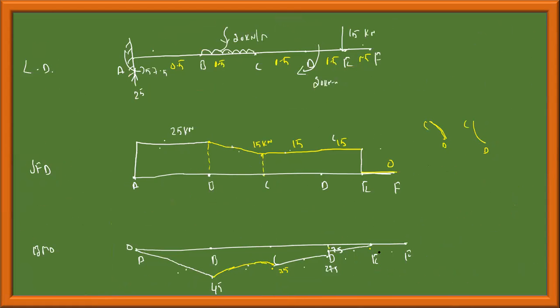Bending moment is 0 toward the length, it is E to F. This is constant. This is linear. This is constant. This is linear. This will be parabolic. This is constant. This will be linear.